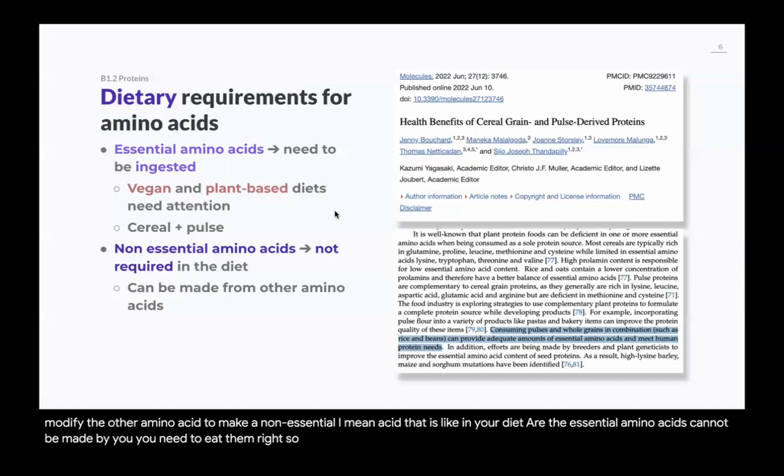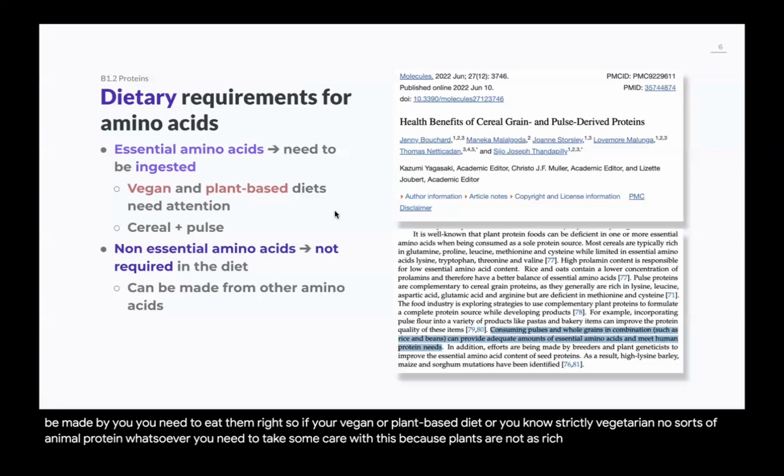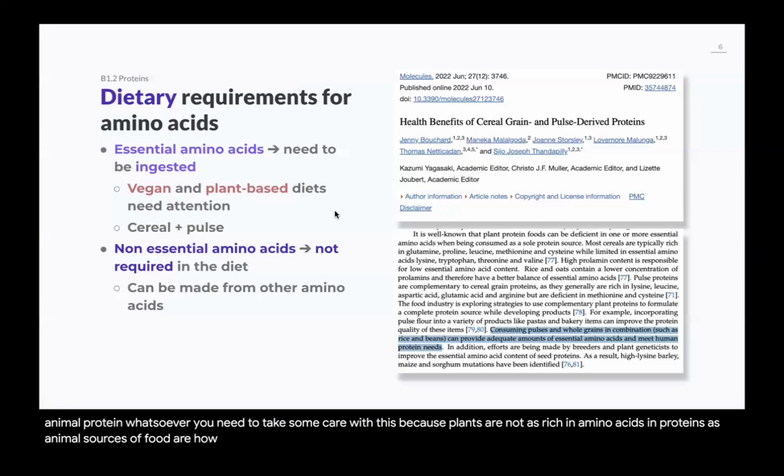Right. So if you're vegan or on a plant-based diet, or strictly vegetarian, with no sort of animal protein whatsoever, you need to take some care with this, because plants are not as rich in amino acids, in proteins, as animal sources of food are. However, it's not to say that you cannot live exclusively on plants. You can meet all your protein requirements from plants.